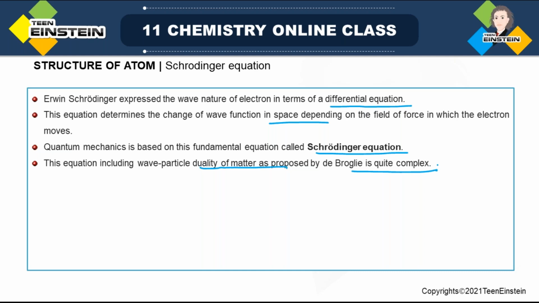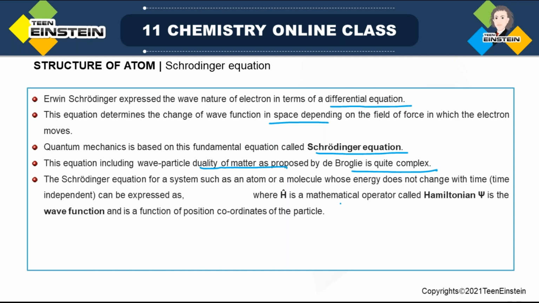We will just see the equation and how from this equation we can understand the different energy of electron, different wave function of electron. That is the main part. But remember, its calculations are very complex. Details of this calculation you can find in higher classes.